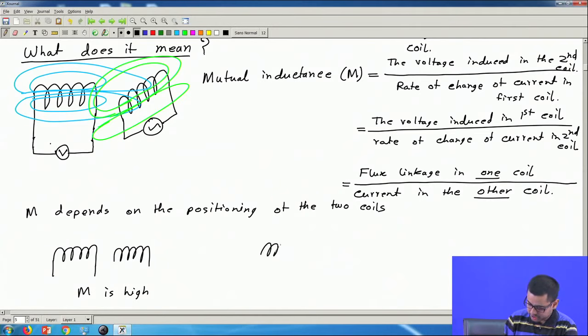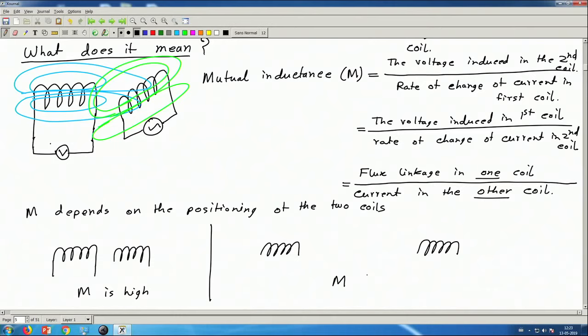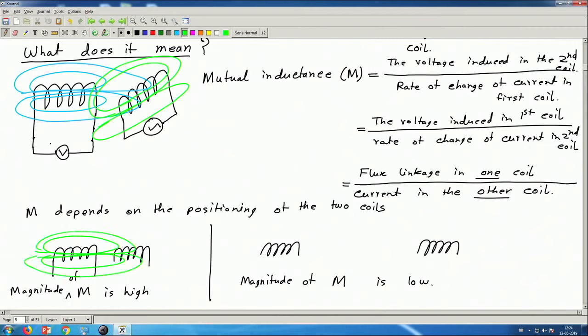But if I have the two coils quite far from each other, then the magnitude of M is low in this case, because here more flux can link them together, but here very little amount of flux possibly can link them. So, M depends on the positioning.